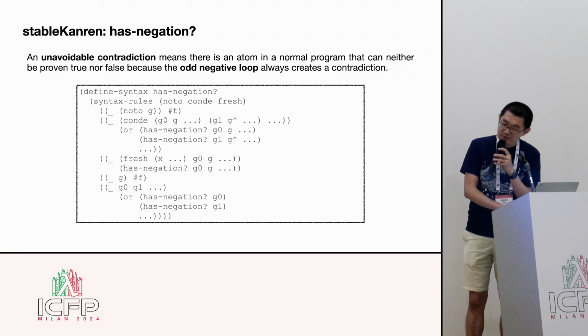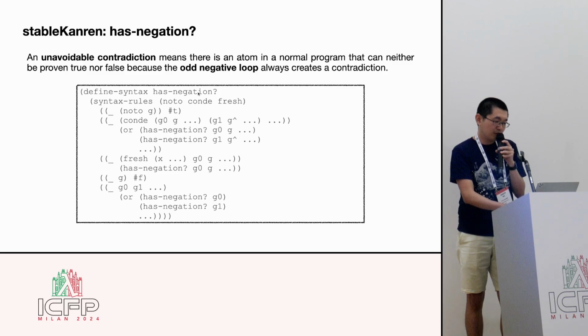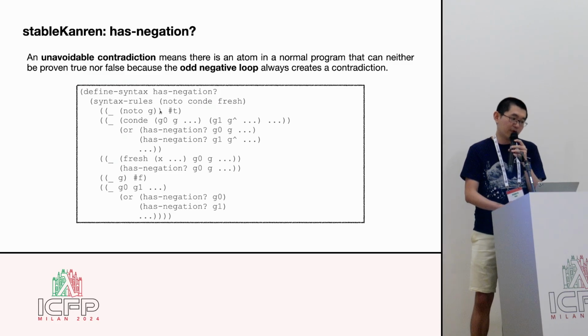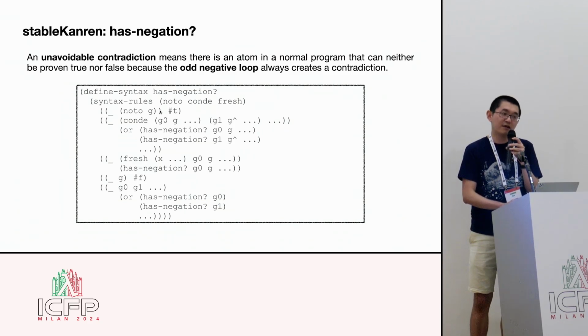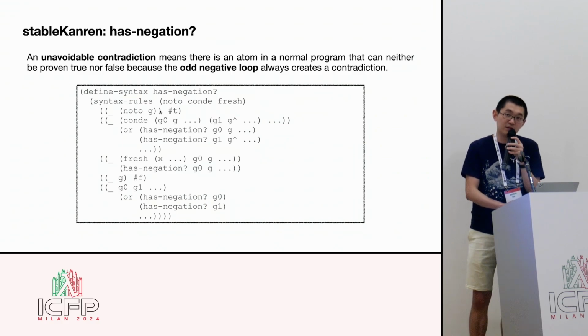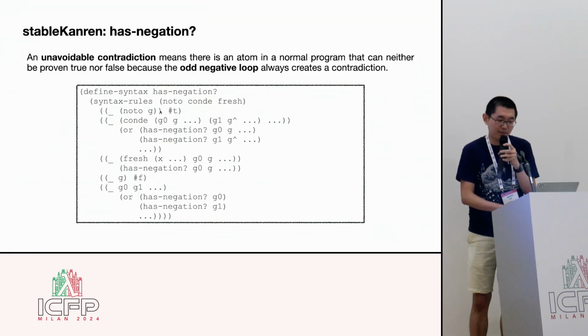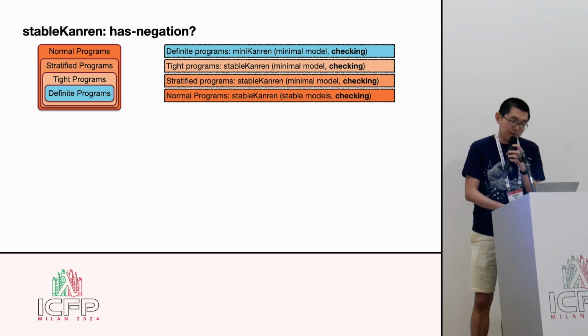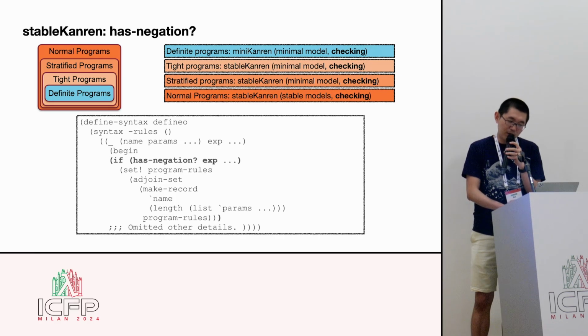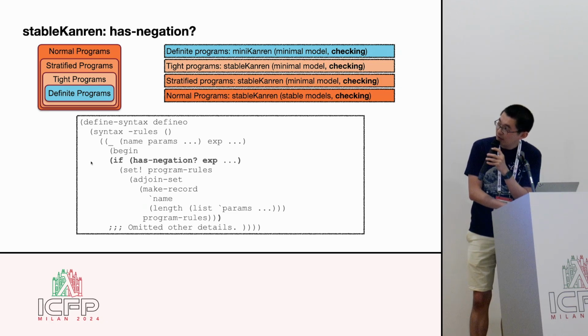So this is the has-negation? macro definition. You just go through all your program definitions to see if there is a negation in there. If there's no negation, it's a definite program, right? If it's a standard miniKanren, it is a definite program. Okay, so back to this structure. Now we can add one more extra layer, right here.